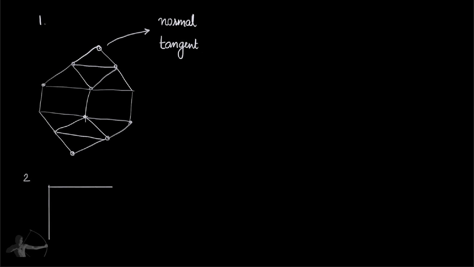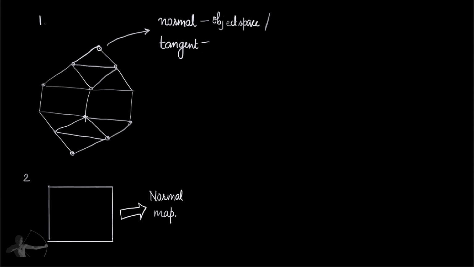The second thing that we will do is create a property that will take a texture as the input, and this will be your normal map. And these normal and tangent will be in object space, and per vertex.